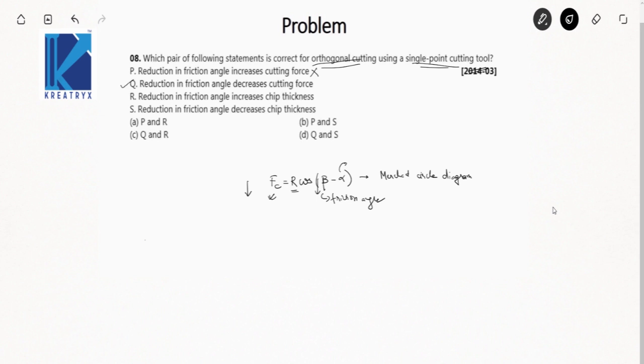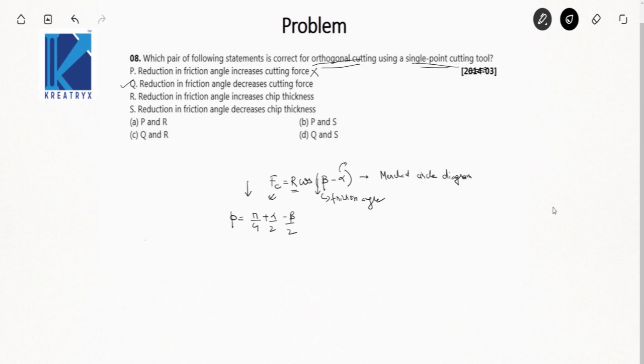Now the third option is reduction in friction angle increases chip thickness. Now they are asking the impact of friction angle change on chip thickness. Again, we know from Merchant's theory that phi = pi/4 + alpha/2 - beta/2, where phi is the shear angle. Now pi/4 is a constant value, and since the tool isn't changing, alpha is also constant.